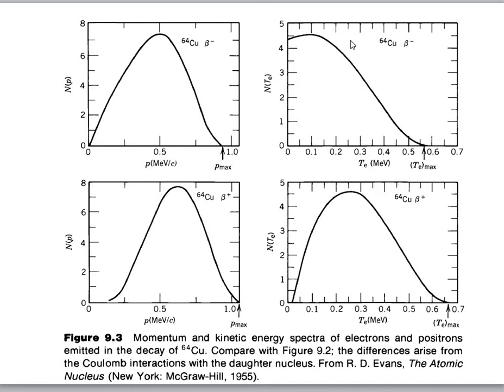This is the beta plus and this is the beta minus spectrum. This difference in energy spectrum is also due to the difference in the Coulombic interaction between the electron and the nucleus, and the positron and the nucleus. Both interactions are different. As a result, there is a different type of spectrum for beta plus decay and beta minus decay.